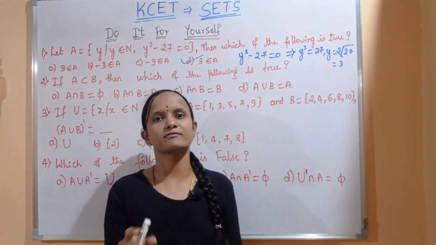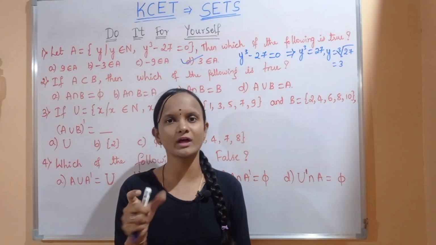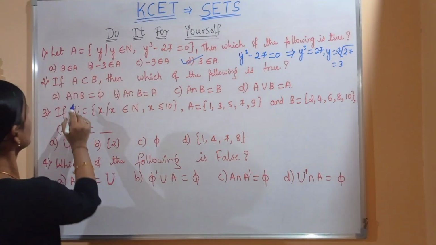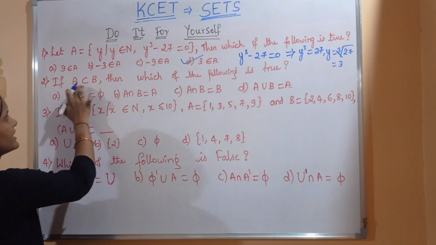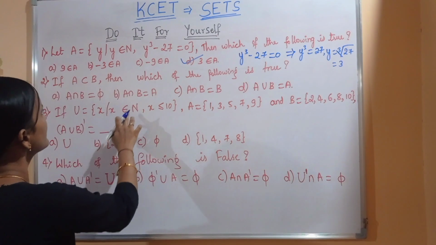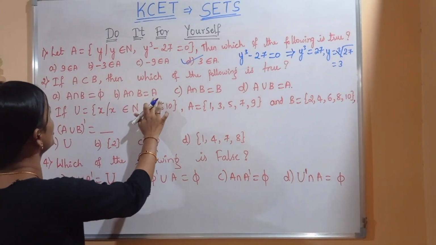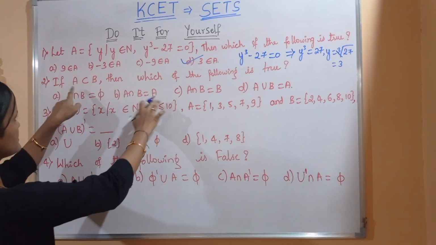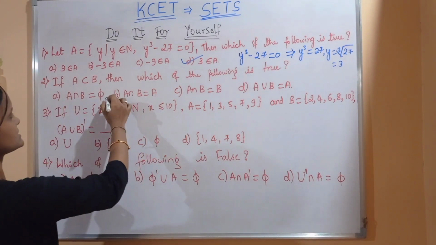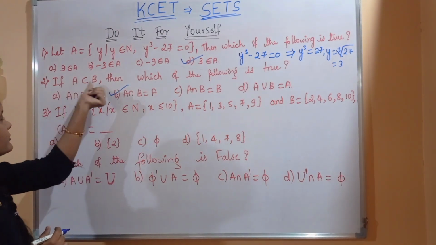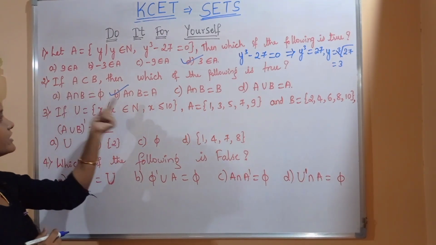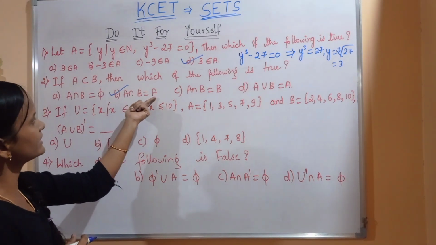The biggest set will be the union of the sets. So here A intersection B cannot be null set because the elements of A are already present in B, and A intersection B is equal to A. Of course, this is the correct option because this is the smallest set. In A and B, which is the smallest set? A. Therefore, after intersection we will get A only.